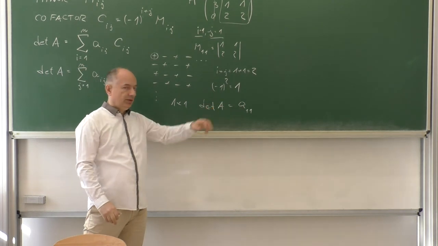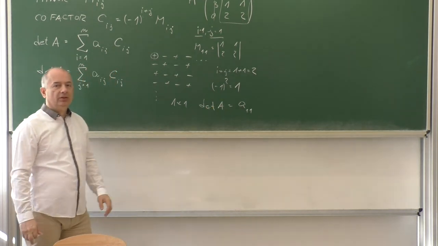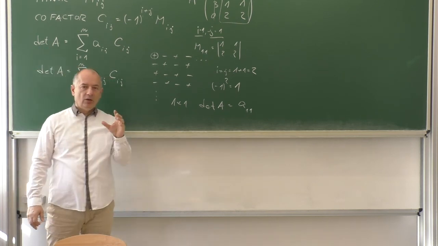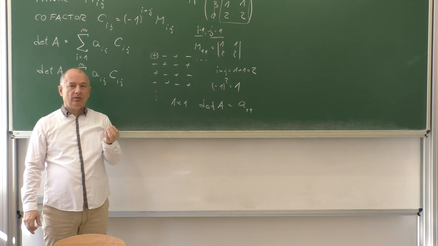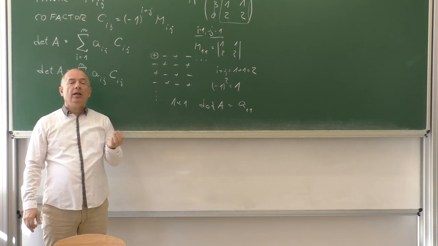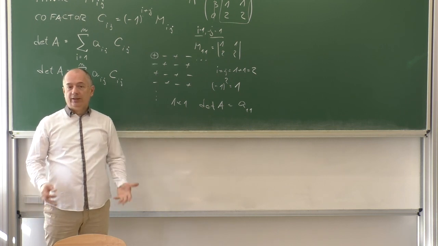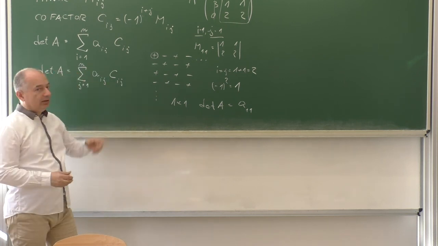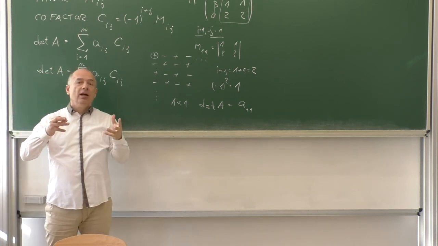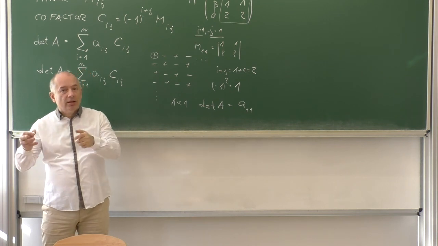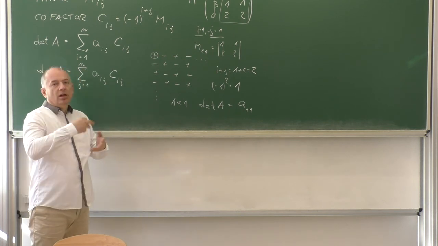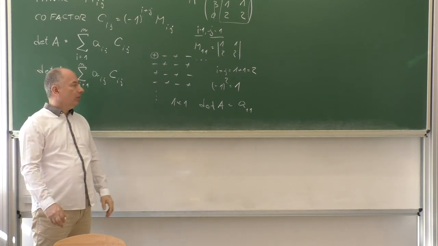And if we take this as the first step in the definition of the determinant, then this can be a way to define a determinant of a 2 by 2 matrix in terms of a determinant of a 1 by 1 matrix. Well, and if we have a 2 by 2 matrix determinant, this can be used to define a determinant of a 3 by 3 matrix in terms of determinants of 2 by 2 matrices. This is sometimes called a recursive definition, which makes perfect sense.